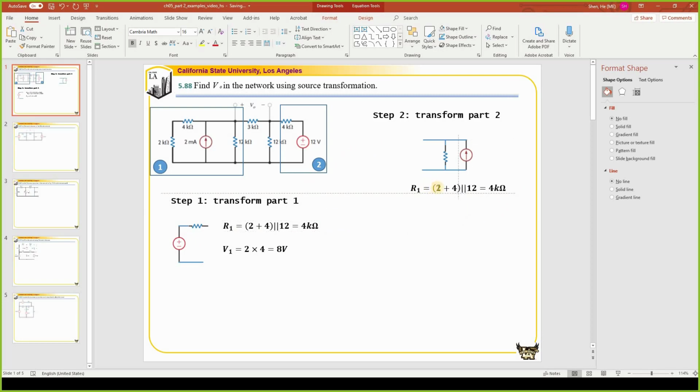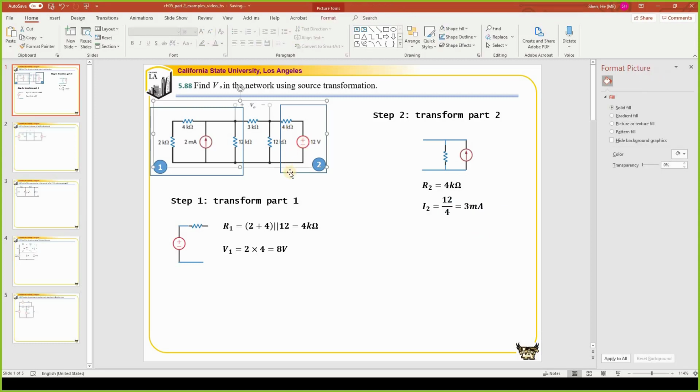The resistance for this resistor R2 will be the same as the resistor in the network, which is 4 kilo ohm. And the current source I2 is equal to the voltage 12 divided by 4, which is equal to 3 milliamp.